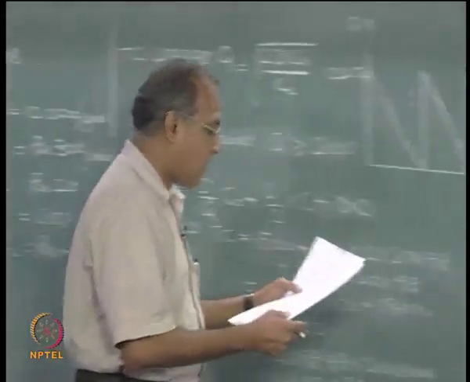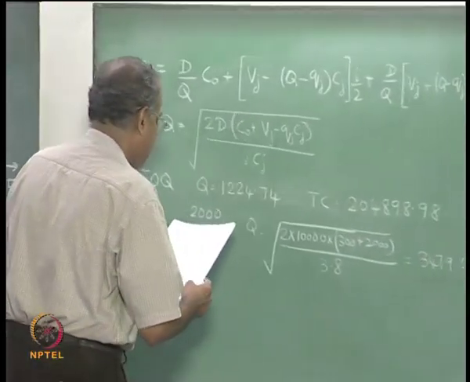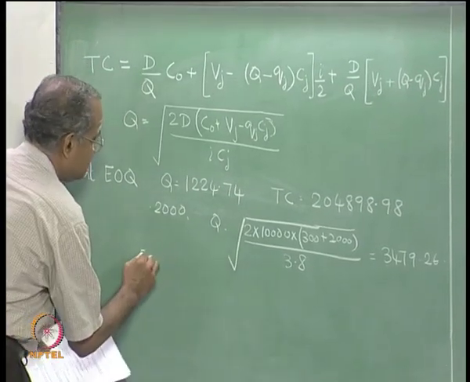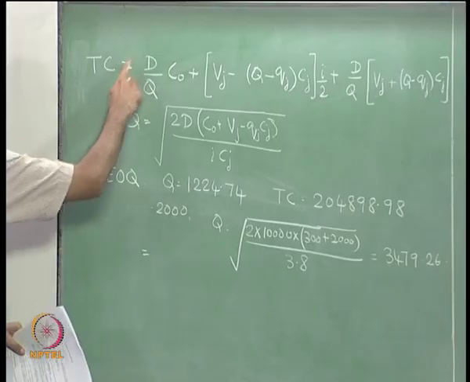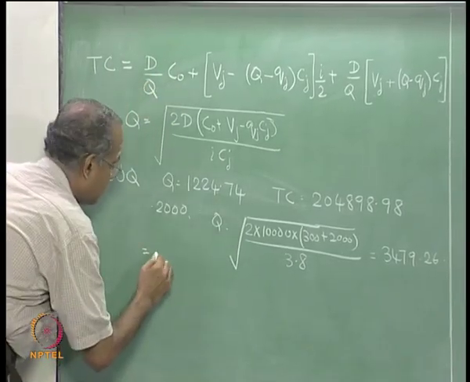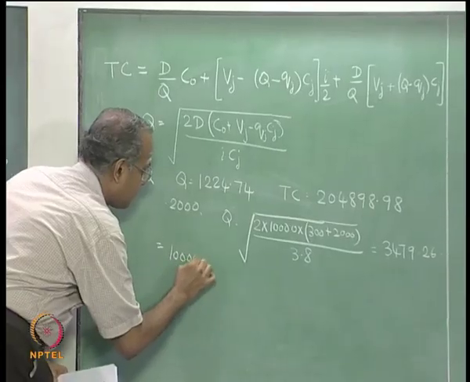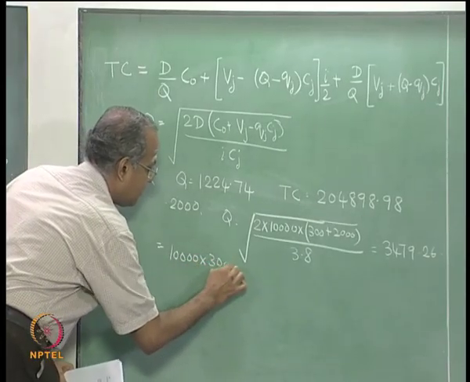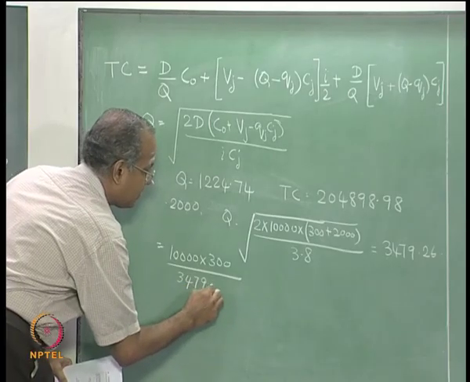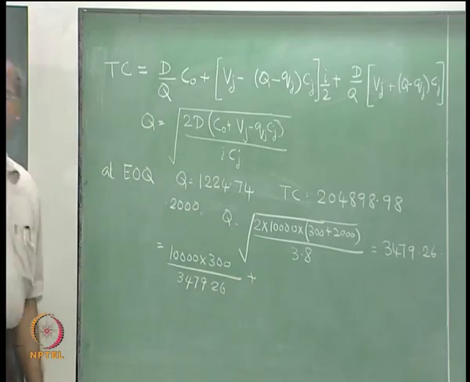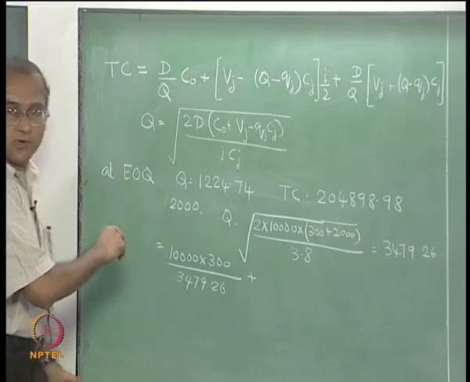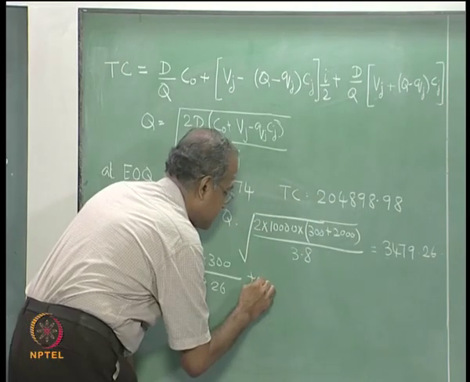Now, the total cost associated with this will be, this part is easy, D by Q into C naught. So, 10,000 into 300 divided by 3479.26 plus I by 2 into the money value of 3479.26.